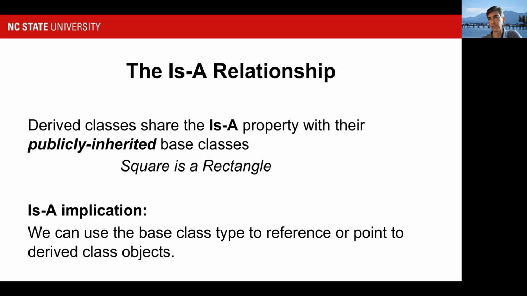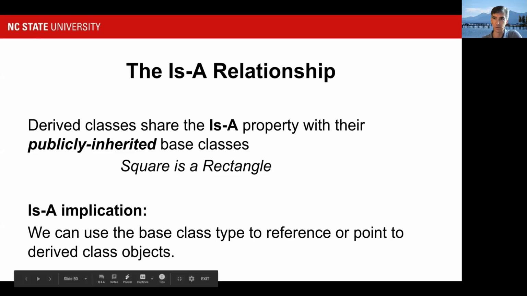Okay, so this brings us to the is-a relationship and more formally talking about it. Derived classes share the is-a property with their publicly inherited base classes. So since square inherits from rectangle, that means square is a rectangle. And what that means practically in our code is that we can use the base class type to reference or point to derived class objects.